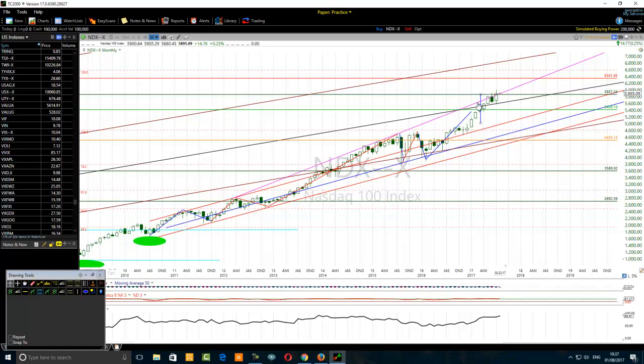So now price breaks above that target. The next target that we are watching, the key level that the professional chartists who are trading the NASDAQ 100 are watching, is now at 6341. Note it down, 6341.